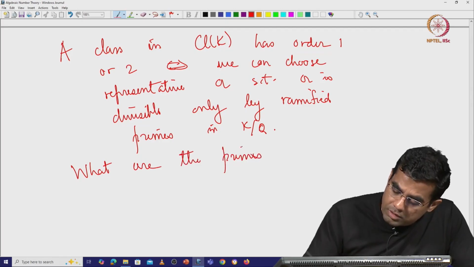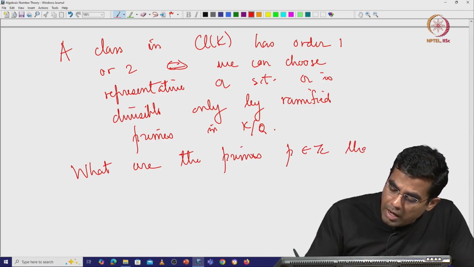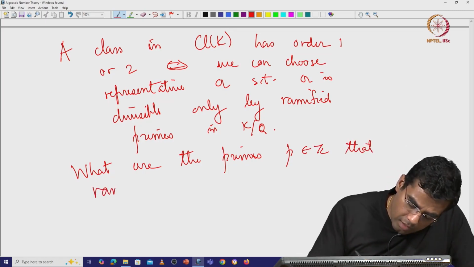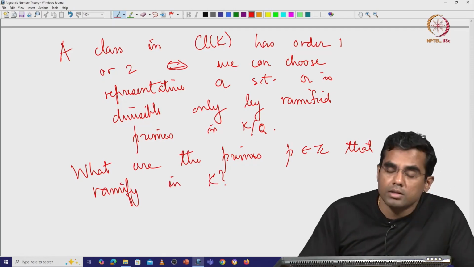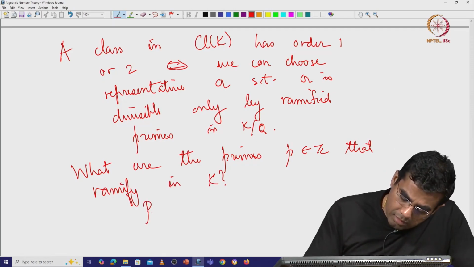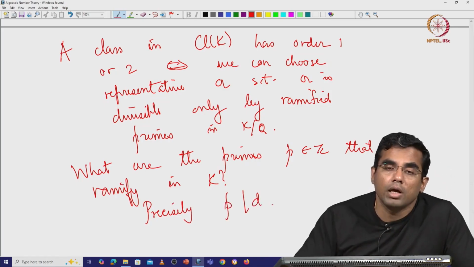The primes p in Z that ramify in K. These are precisely the primes p dividing D, right.